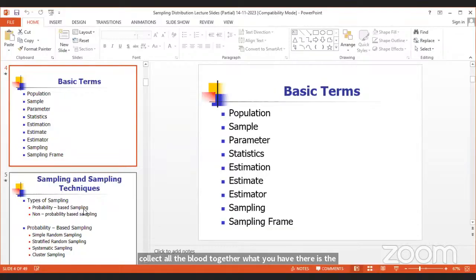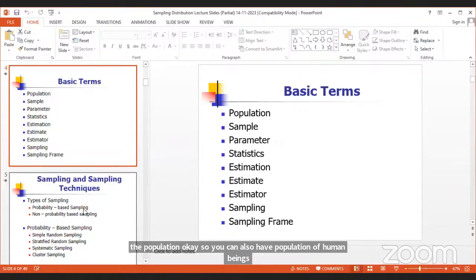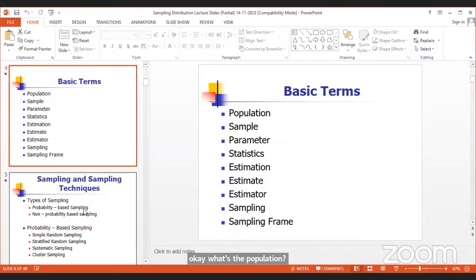You can also have a population of human beings. What's the population of Nigeria? The population of Nigeria is made up of people from diverse backgrounds. But if you're looking at the population size, then you can say we are about 200 million, 214 million, 118 million, depending on the source of your figure.